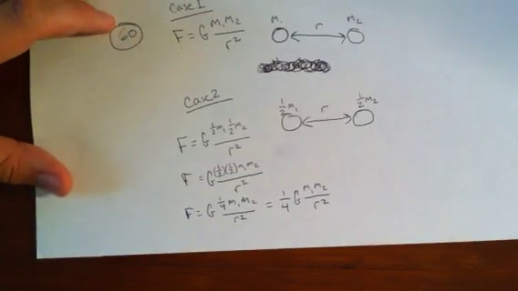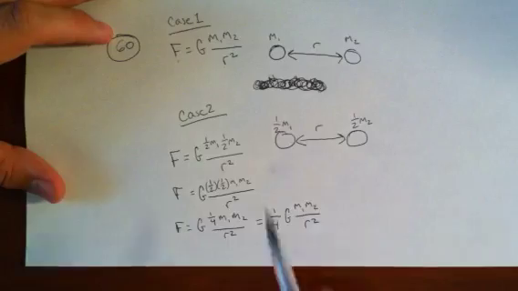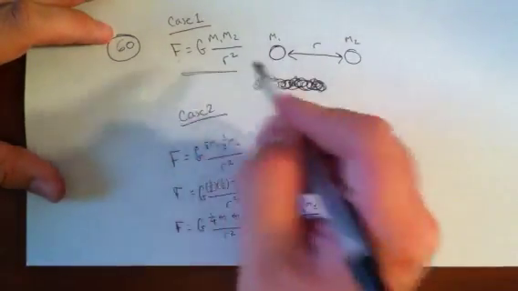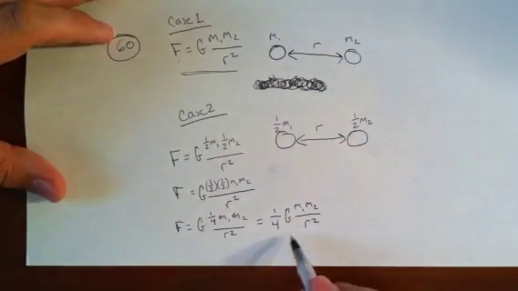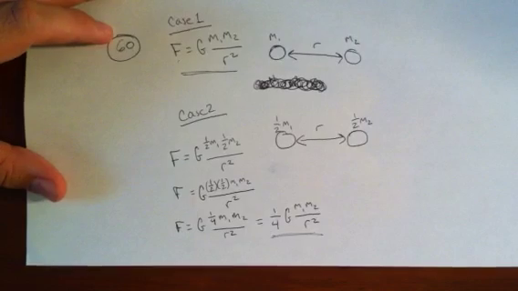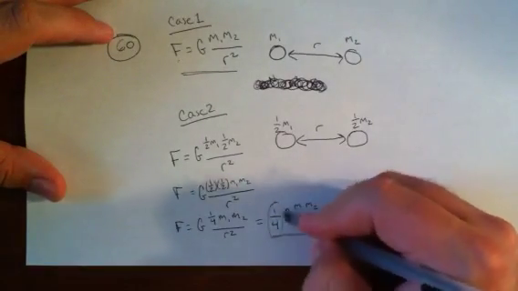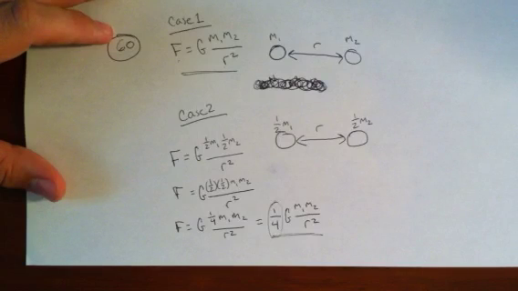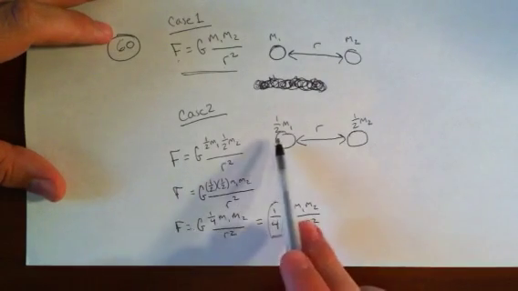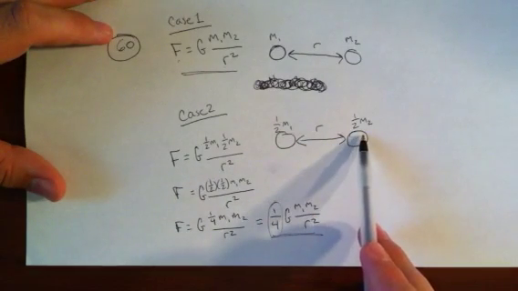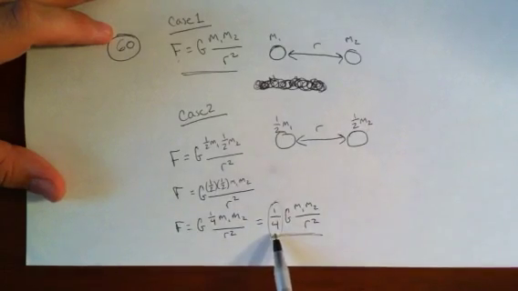Alright? So let's compare case 1 and case 2. Case 1, this was the force. Case 2, this is the force. How are they different? Well, just this 1/4 term here. Alright? So we know that when we cut the mass in half for each one of these, we're going to get 1/4 of the force that it was originally.